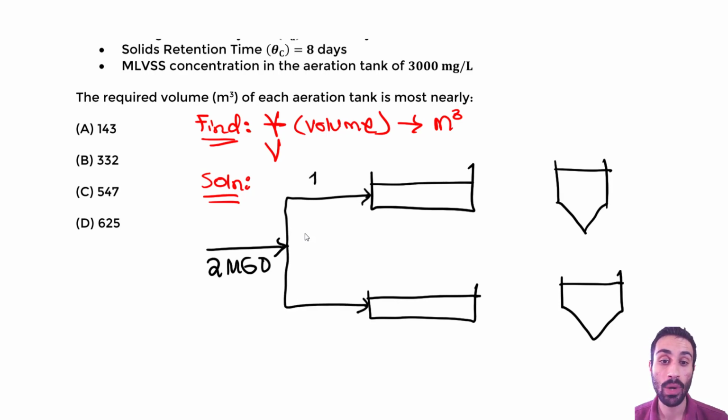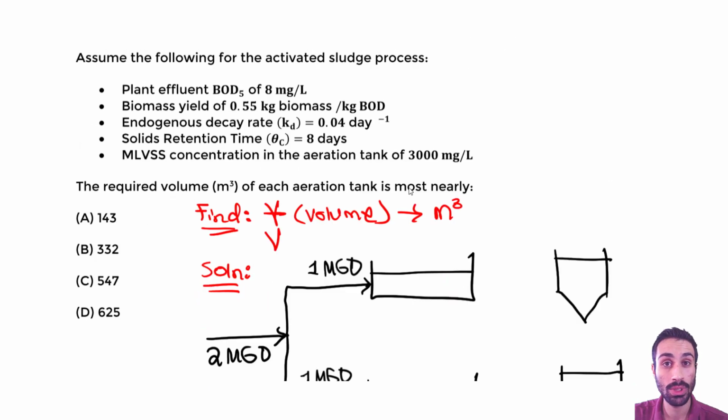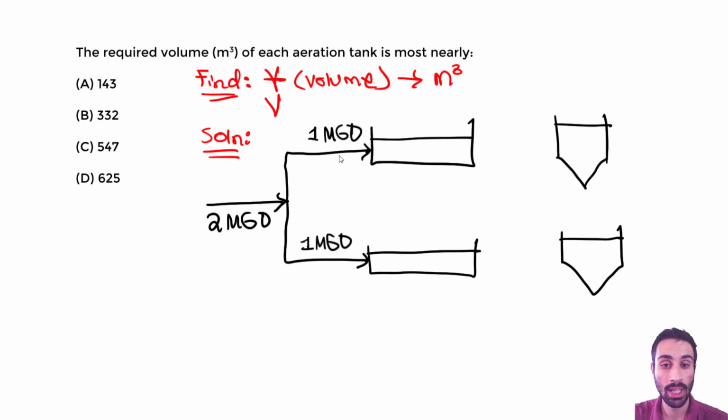So here you have 1 mgd that comes into the secondary treatment, the activated sludge biological treatment, and you have 1 mgd there. So that can be tricky. You cannot just use 2 when you use that Q value when you solve this. Anytime it says parallel, make sure to split the total flow, which we denote as Q naught. Q naught is the total flow that comes in after primary.